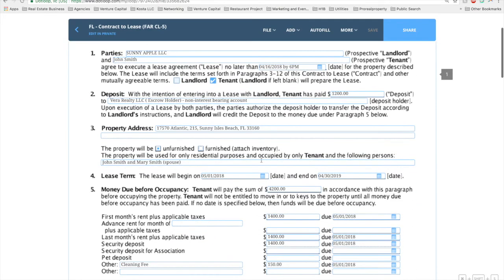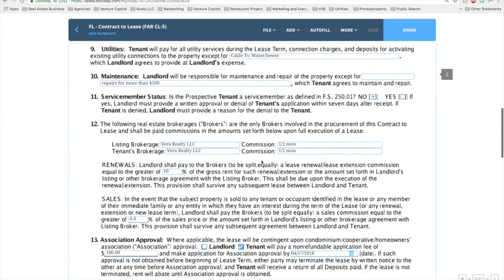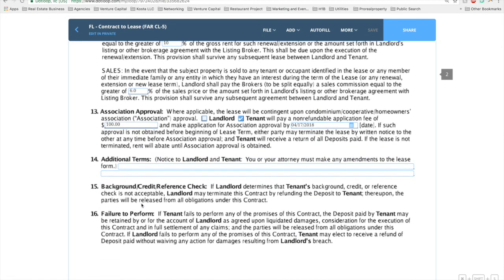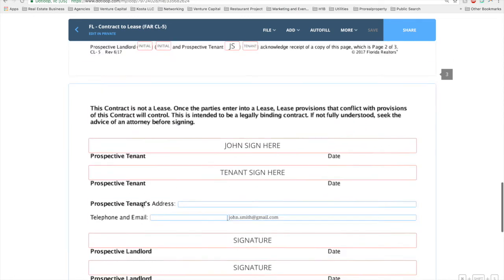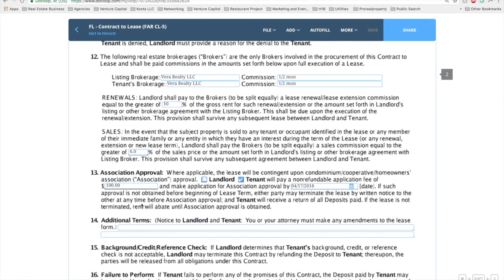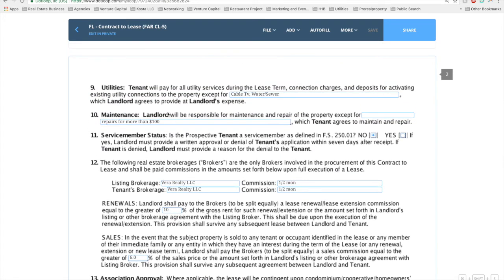Here we go. We are opening up the contract to lease, and we'll check about repairs. So here it says, no, this is association approval. See where the repairs were. Here, maintenance. Landlord will be responsible for maintenance and repair of the property except for repairs for more than $100.